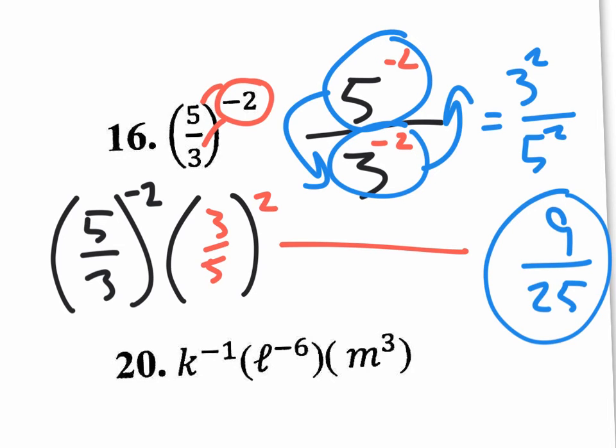And then you'll just jump straight to this answer over here, 9 over 25, when you distribute. So it's just another option, and I just wanted to explain that to you guys. So you could go the original route, distributing to each and every term, and then moving, or you could take that negative exponent and flip the inside fraction, changing it to positive, and then distributing. It's up to you.